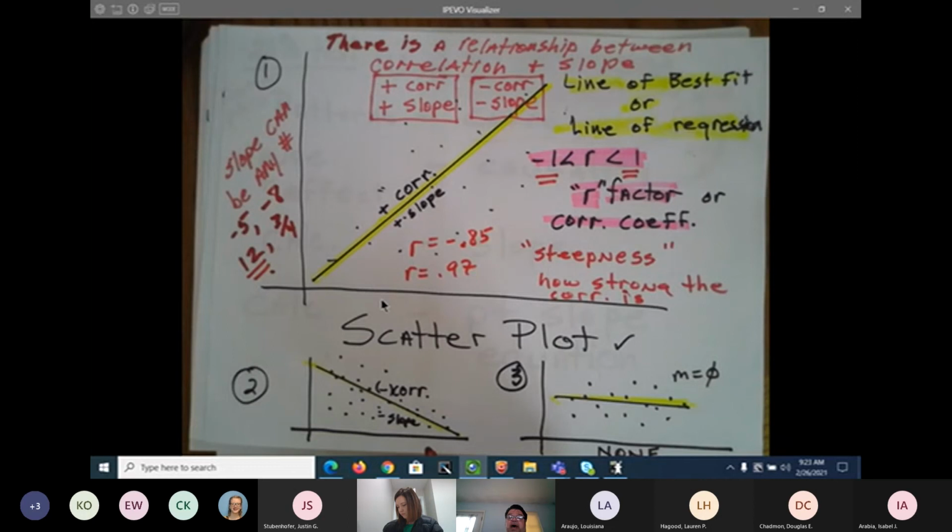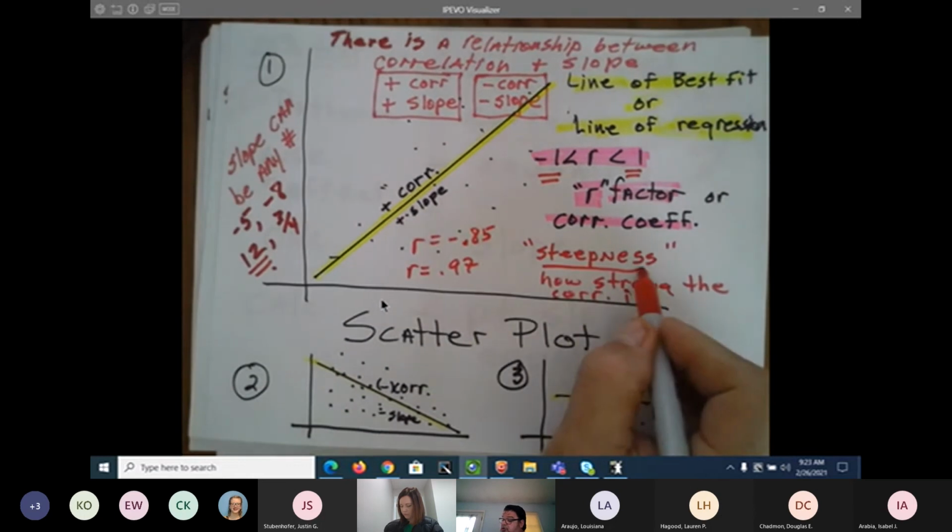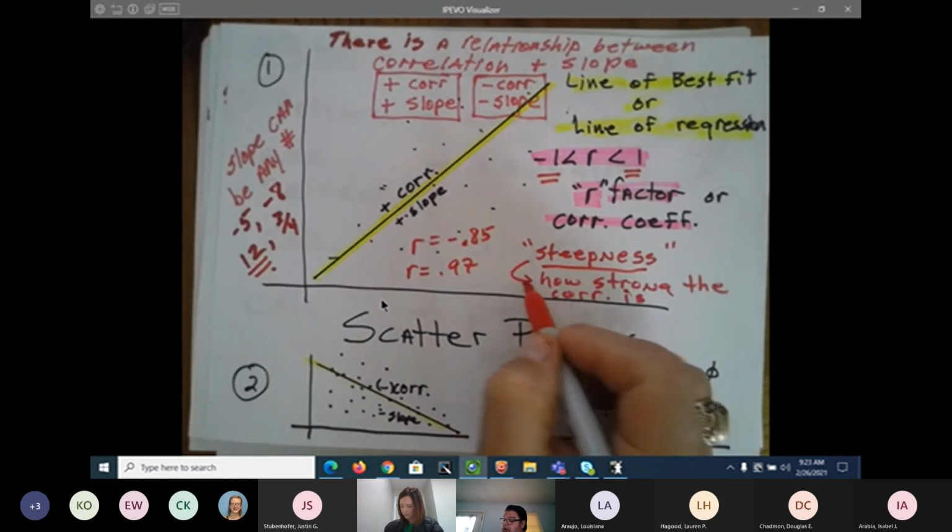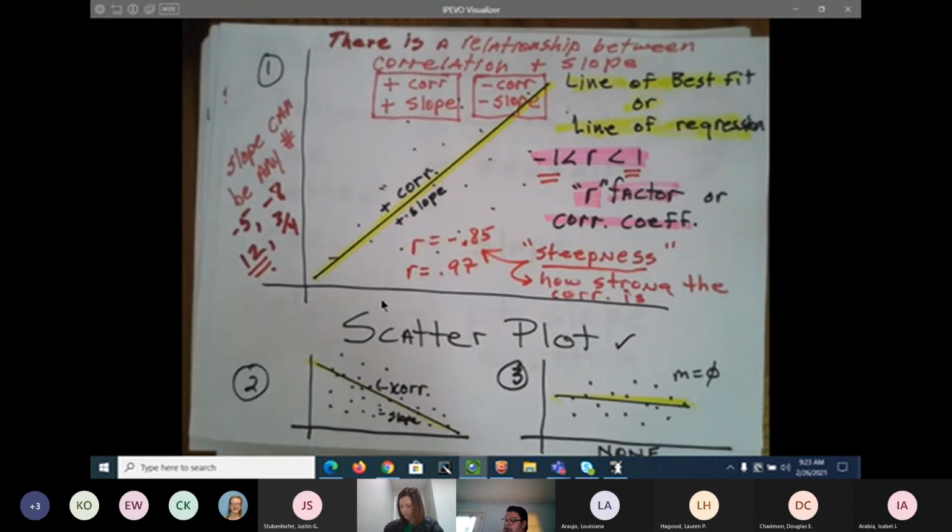Anything around 0.5, -0.5, or +0.5, you're talking about a moderate correlation. And the closer you get to 0, that's the weaker correlations. So the steepness tells you how strong a correlation is.